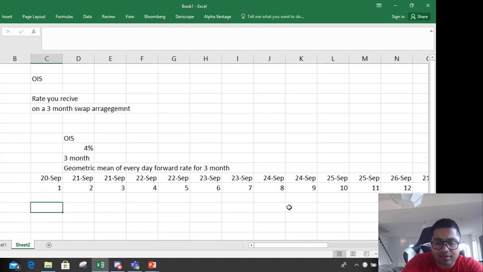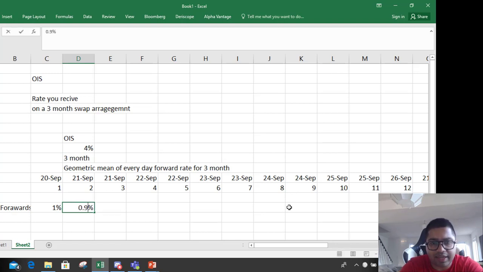Before geometric mean, what are forward rates? Forward rates are market expectations on how much the interest rate would be today, so let's say it is 1%, and how much the interest rate will be tomorrow, so let's say it is 0.9%. There is expectation that interest rate will go down.